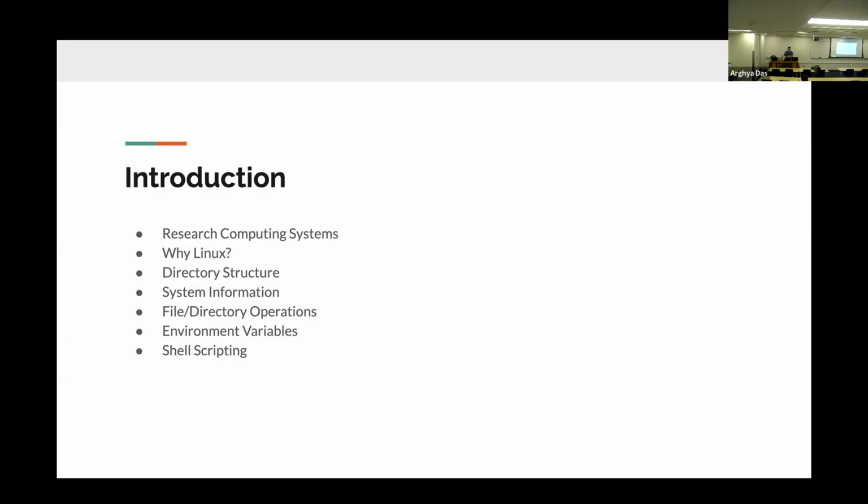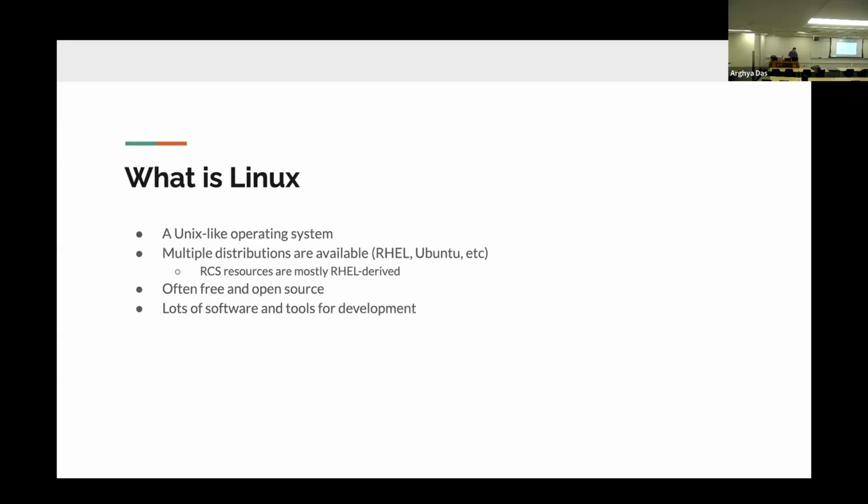Talk about environment variables, and how they're a powerful tool that you can use to run your programs on an HPC system, and then touch briefly on what's called shell scripting, the nuts and bolts of how you can repeat your workflows and run a bunch of commands constantly rather than having to manually type out what you want to do.